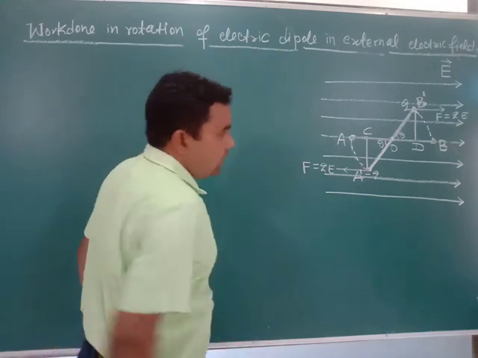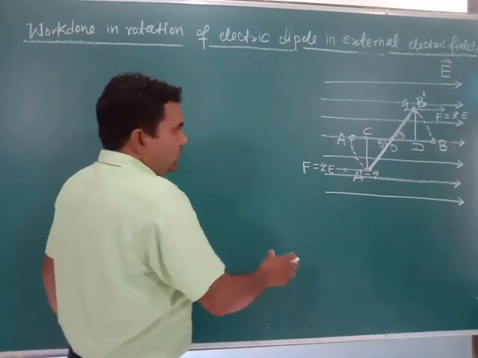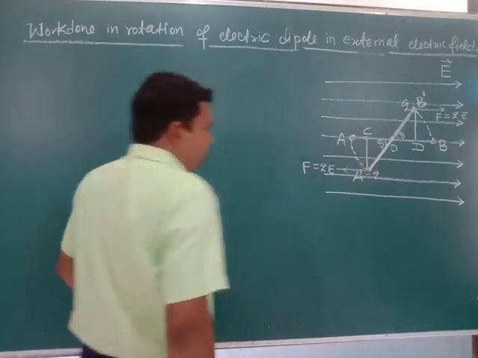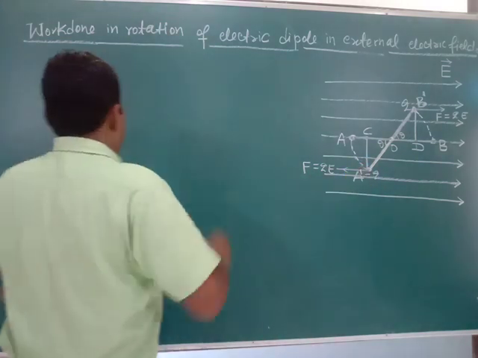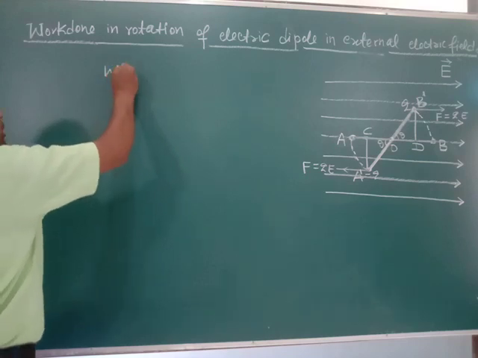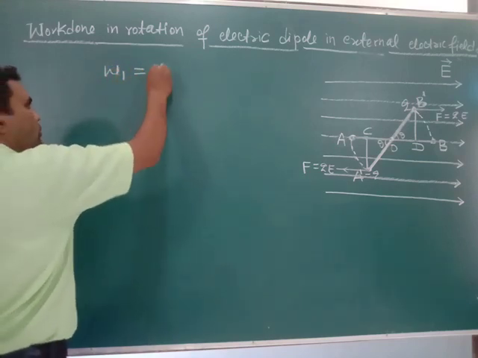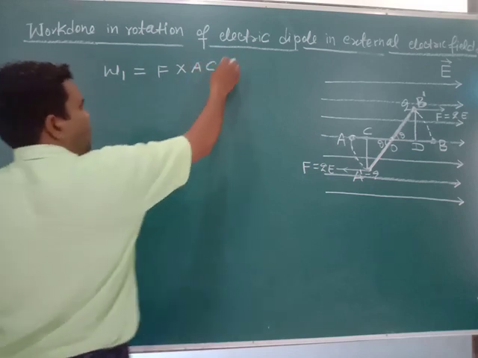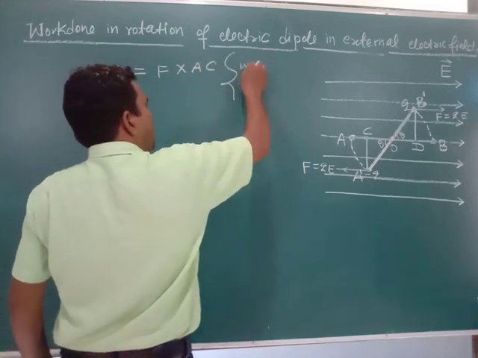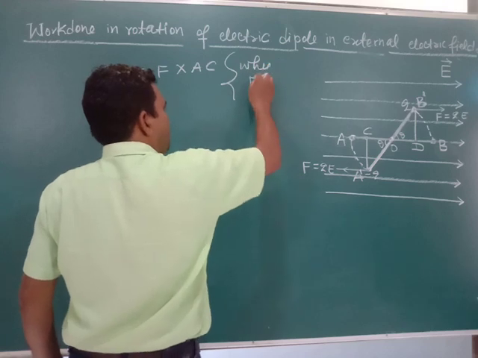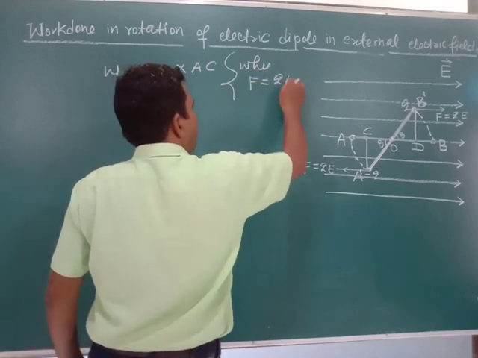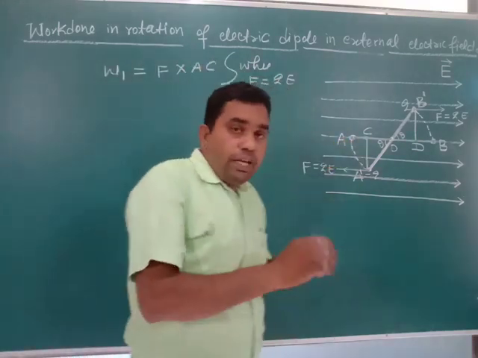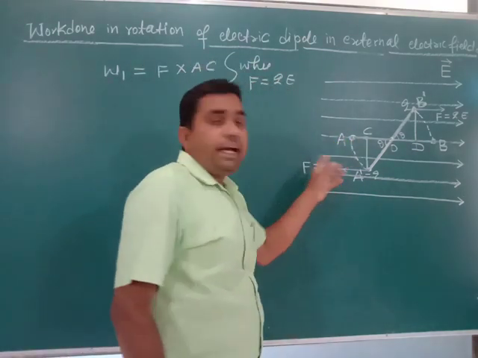Under this condition, we take the work done step by step. So first of all, we calculate the work done due to the displacement of charge minus q. If this work done is W1, then W1 is equal to force F into displacement AC, where F is equal to qE, and AC is the displacement of charge minus q.